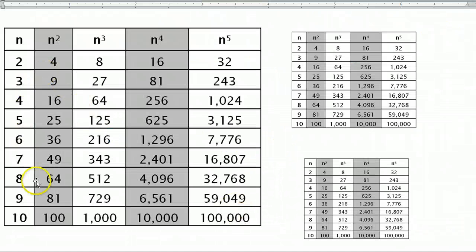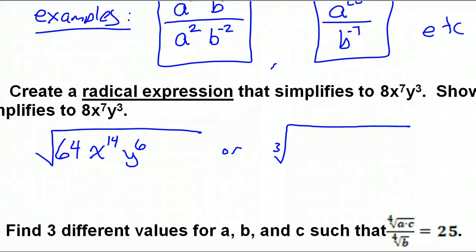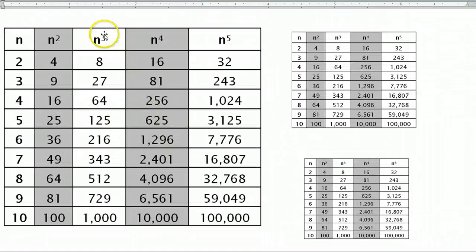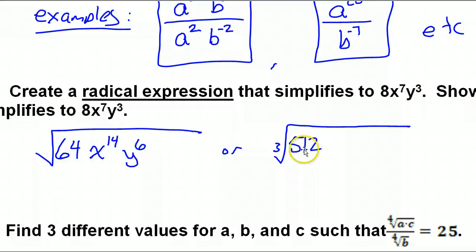Let's look at the chart. 8 to the 3rd power is 512. So if I put a 512 here, then the cube root of 512 would be 8. Looking at the chart, cube root of 512 would be 8. So I could do this.